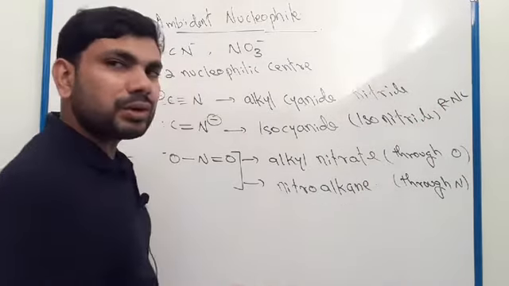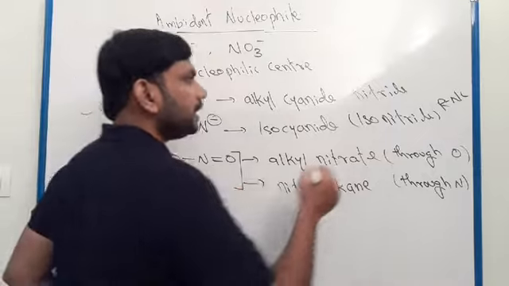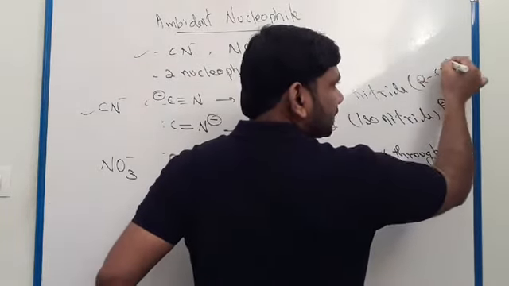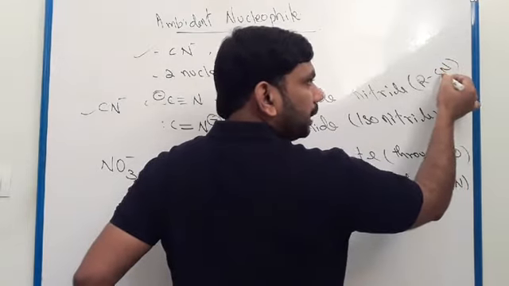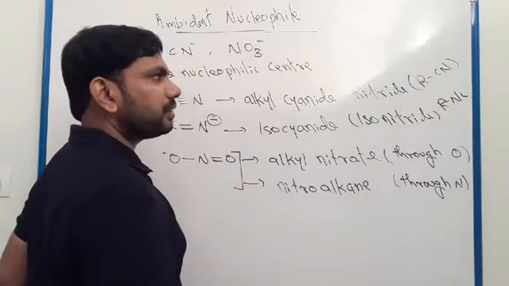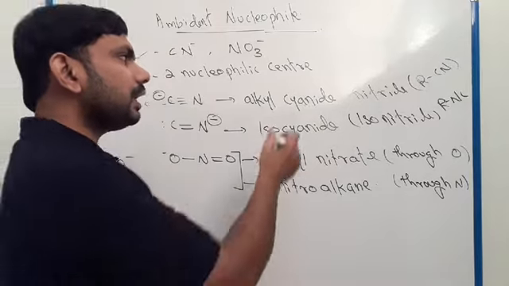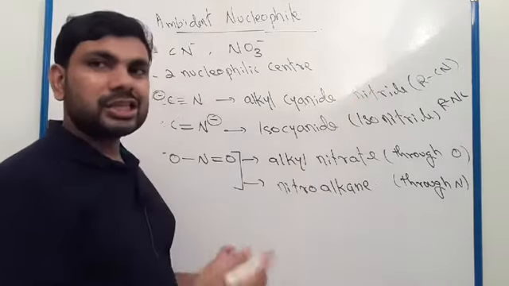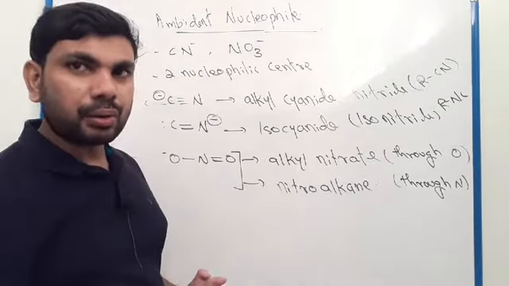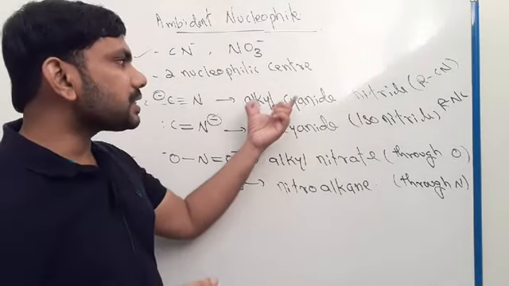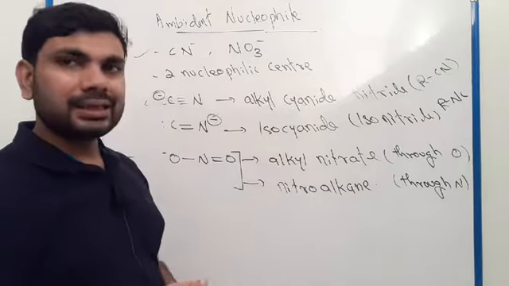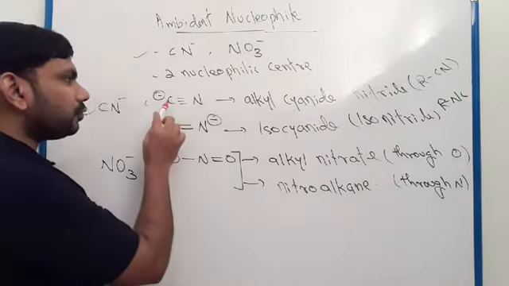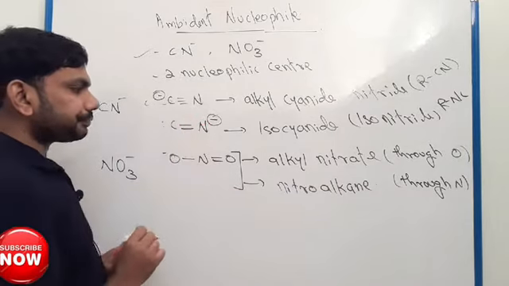In RCN, the same nucleophile CN, carbon makes a bond with another carbon atom, that is alkyl cyanide, or you can say nitrile compound. So isonitrile compound, or you can say alkyl isocyanide, that is CN minus. Here there is more than one nucleophilic center.